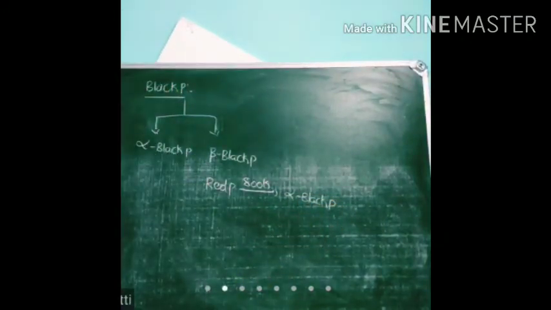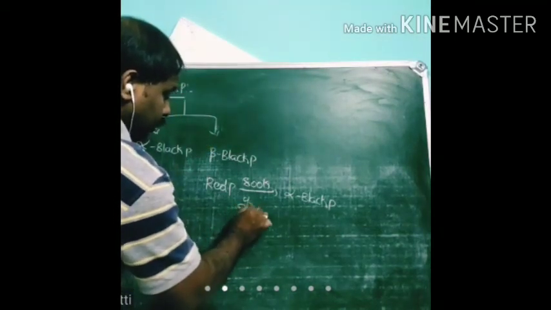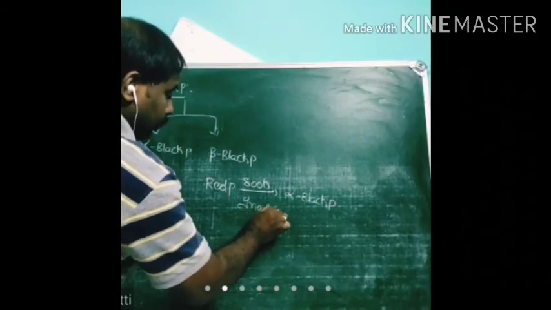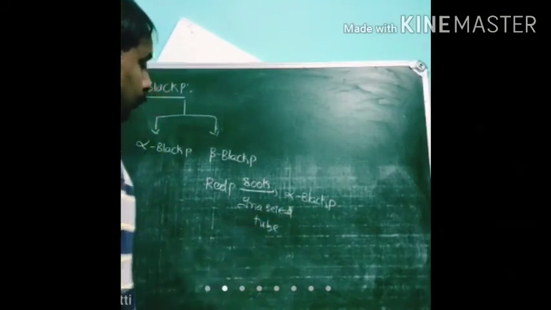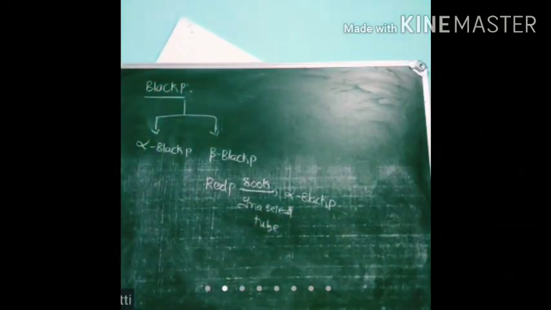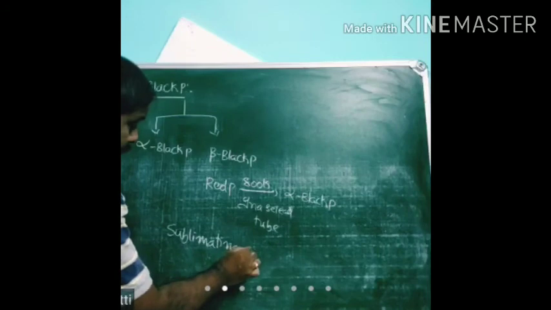When red phosphorus is heated to 800 kelvins in a sealed tube, we will get alpha black phosphorus. This black phosphorus has a sublimating nature.